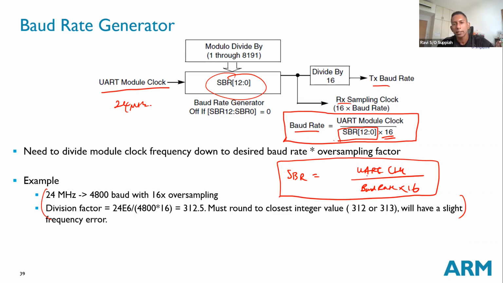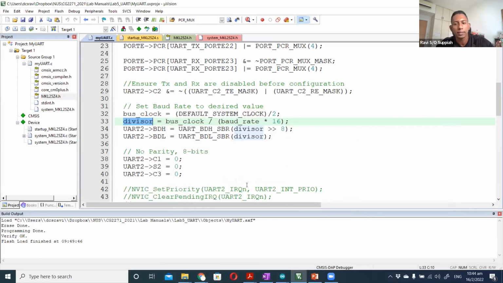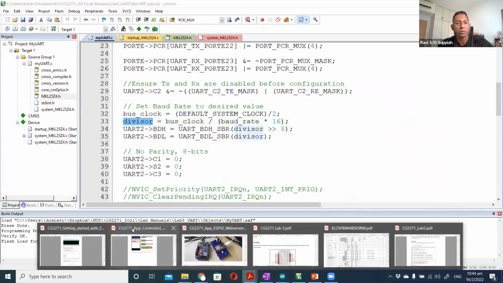When I calculate this, I get a value, but this is a 13-bit value, correct? SBR 12 to 0. So it is actually broken up into two registers, the baud registers BDH and BDL. Let me show you that over here.